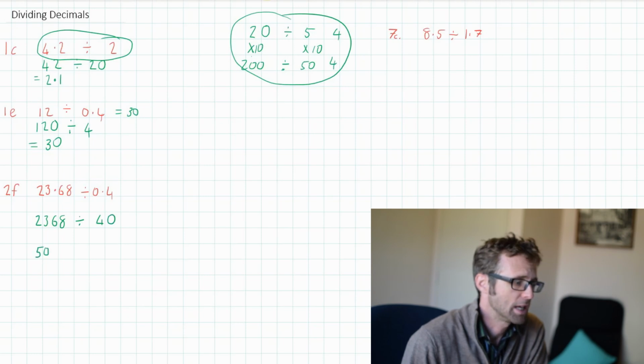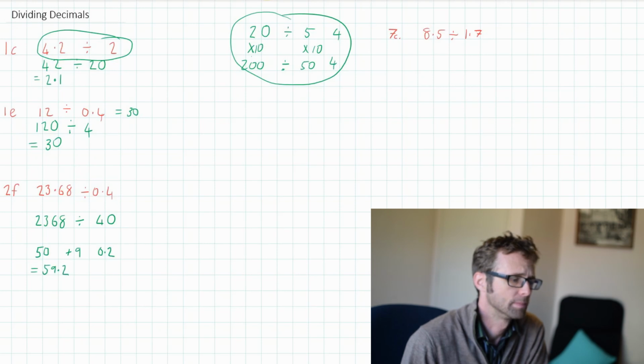And 40 into 360 is going to be 9. And 40 into 8 is going to be 0.2.